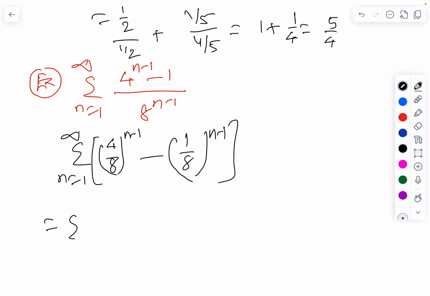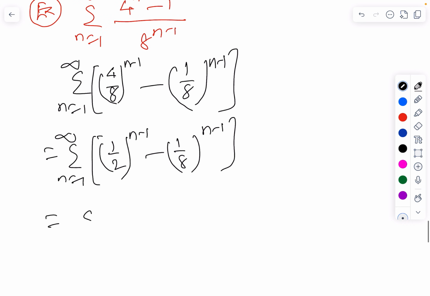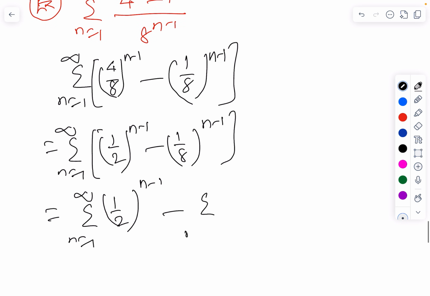So this is the series n equal to 1 to infinity, 1 by 2 power n minus 1 minus 1 by 8 power n minus 1. So you have the series n equal to 1 to infinity 1 by 2 power n minus 1 minus the series n equal to 1 to infinity 1 by 8 power n minus 1.